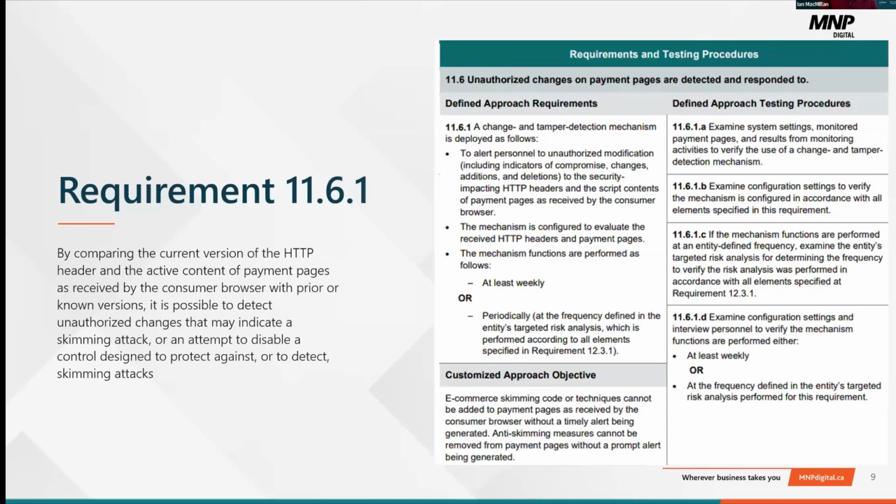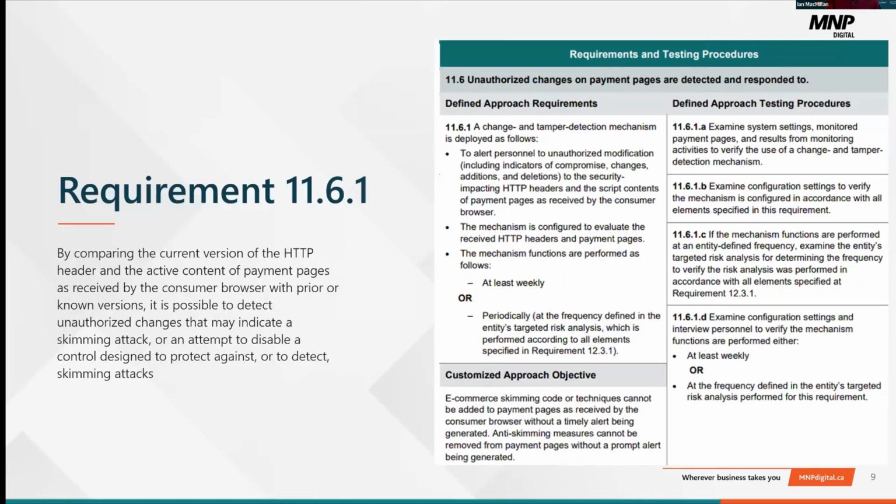The second requirement is requirement 11.6.1, and it focuses largely on the content of your scripts and the HTTP headers that are being sent and received between the consumer's browser and your web server. A change and tamper detection mechanism is deployed to alert personnel to unauthorized modifications to security impacting HTTP headers.